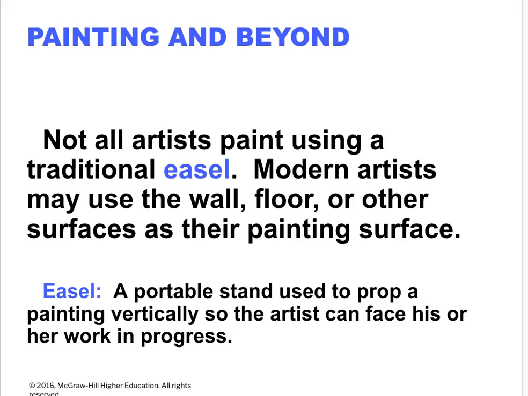There are lots of different surfaces that people use, and basically in the modern art world, anything goes. If you want to paint on it, it's permissible, and not always legal, but it's permissible, and it's kind of like an experiment. See how far you can push things to still be called art. What limits can you go to or not go to and still call it art?